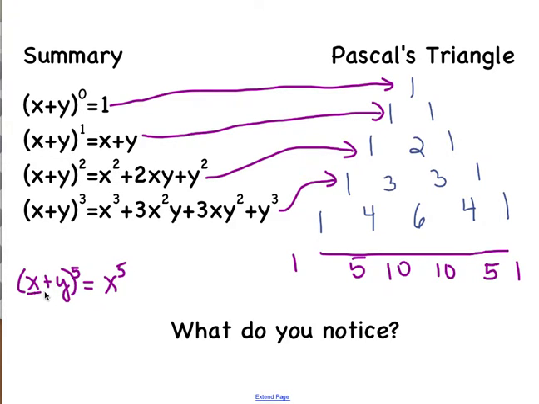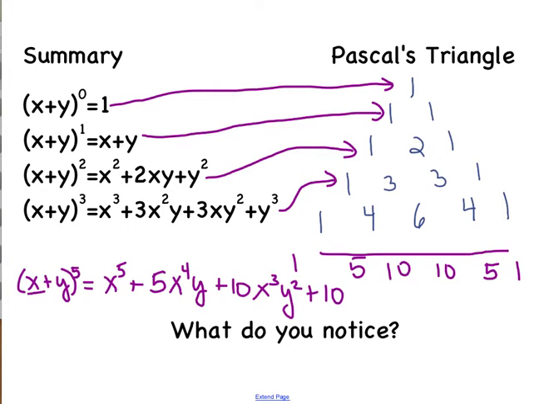I start with whatever is here to the 5th power, that's the exponent I'm raising this to, plus 5, that's my next coefficient, times x, my exponent on my x decreases by 1, and the exponent on the y increases by 1. The next coefficient is 10, so that's plus 10 x, the exponent's going to decrease by 1, so that's to the 3rd. The exponent on the y is going to increase by 1. Then I'm going to add another 10. That's my next coefficient here.